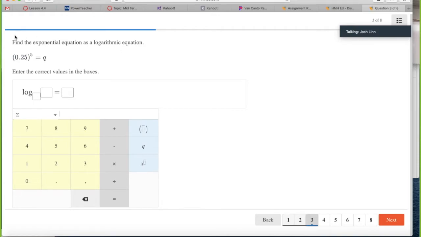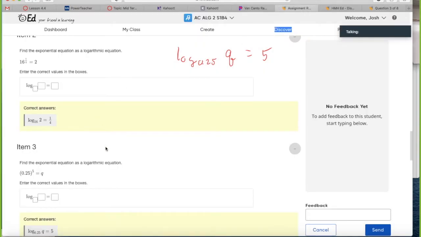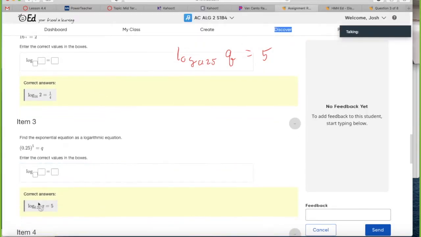So log base 0.25, and they want you to keep it in a decimal spot. Log base 0.25 of q equals 5.